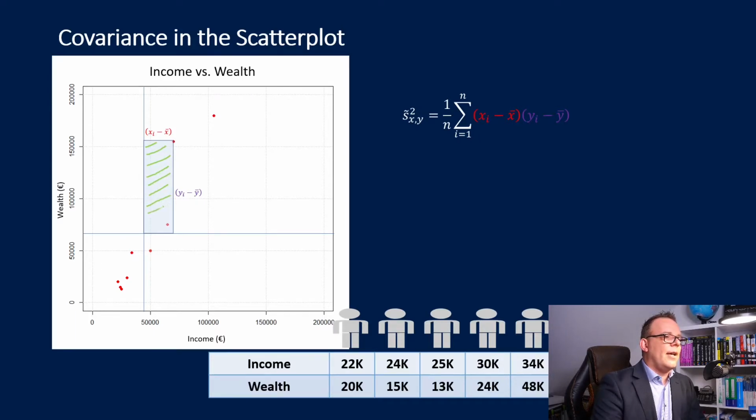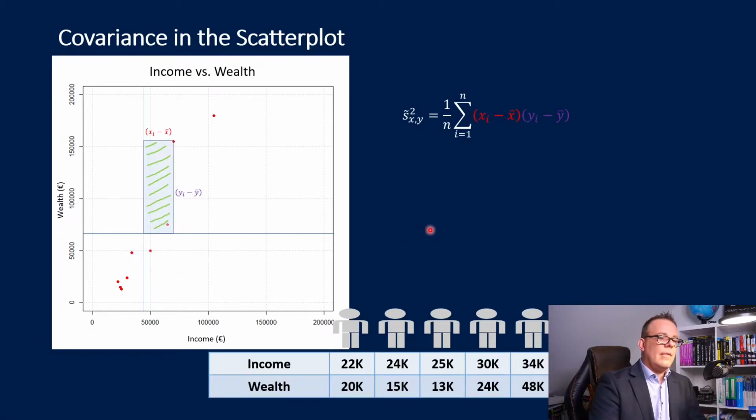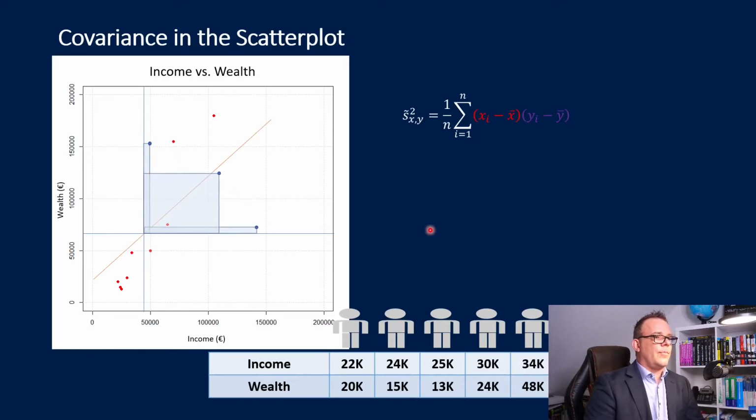This is very, very important to understand, that we're just calculating this area by multiplying those two terms, those two brackets. Now, let's see what happens to other points. I will show you.